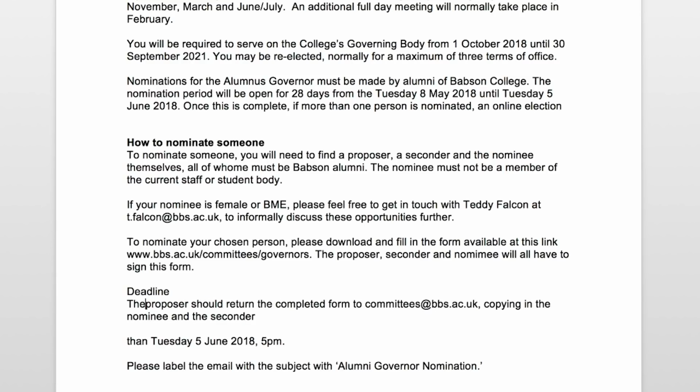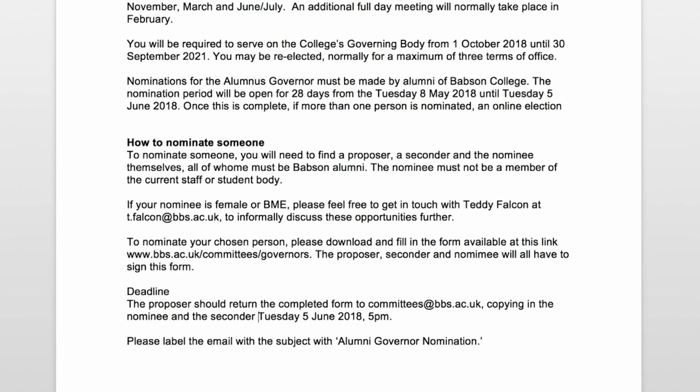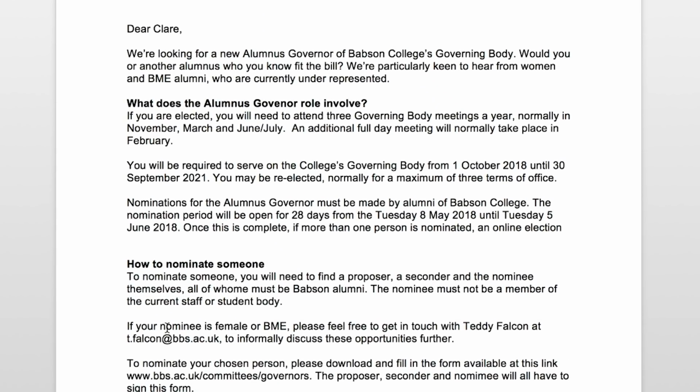The proposer should return the completed form, copying in the nominee and the seconder. Bring up the deadline a bit closer in that sentence. Return the completed form by Tuesday the 5th of June, 5 p.m. to committees, copying in the nominee and seconder. Please label the email with the subject. Okay.